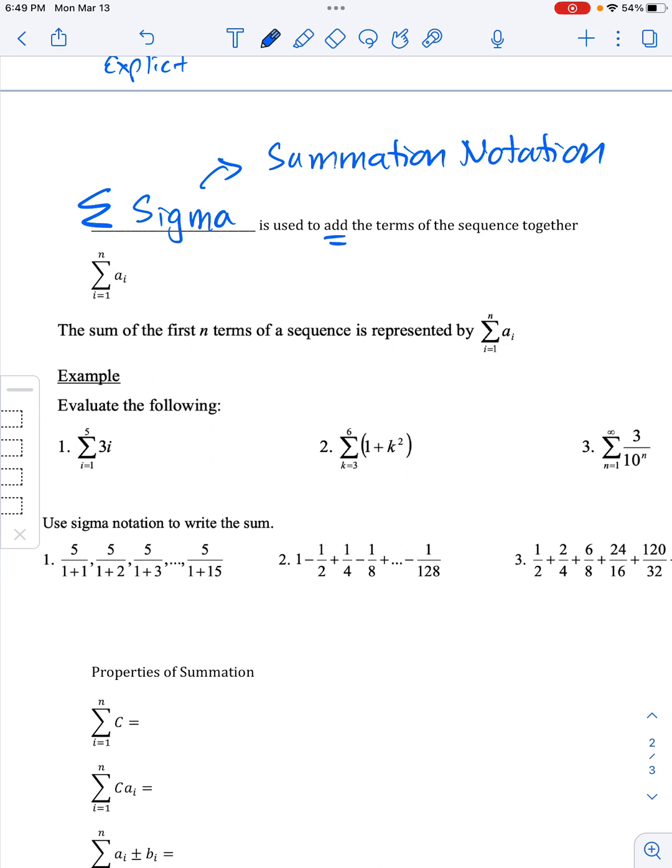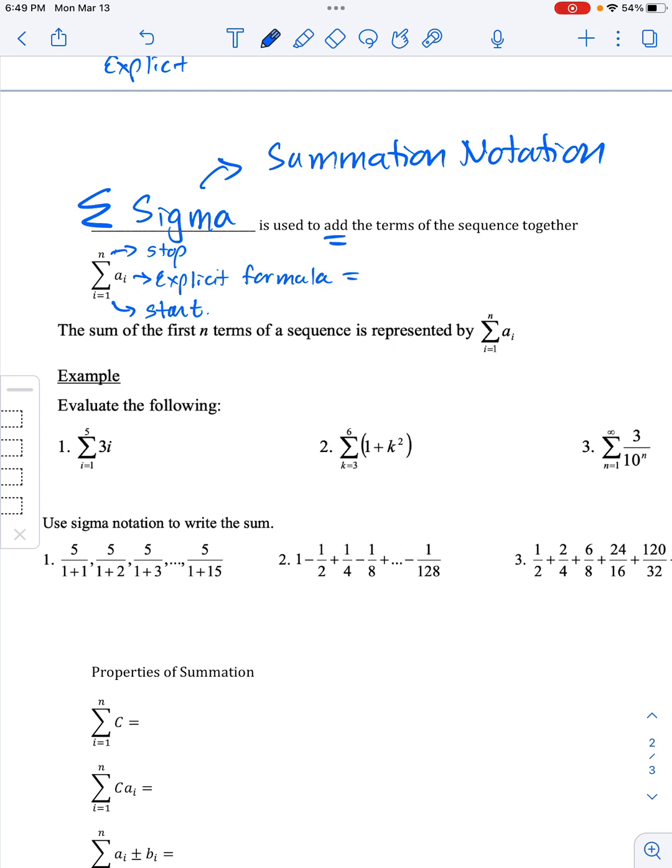So anyway, sigma or summation notation is just indicating that you're going to add up the terms. This is the term number. This is going to be where you start, or you can think of it as the first number you plug in. Typically a 0 or a 1, but not always. This is going to be where you stop plugging numbers in. And this is going to be like the explicit formula that you plug into to generate terms.